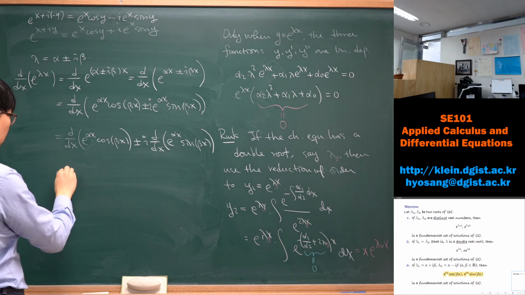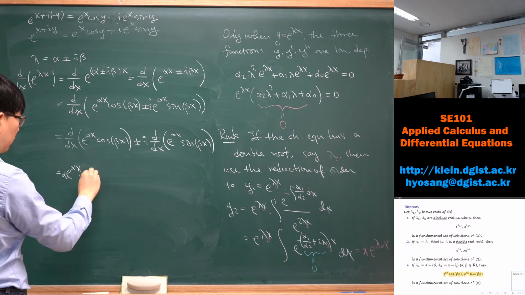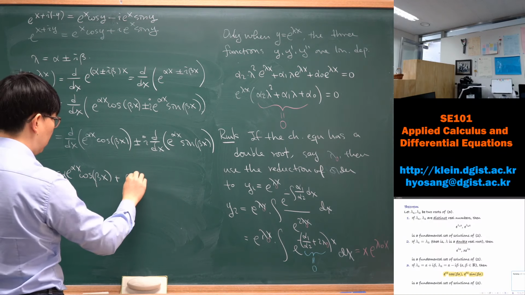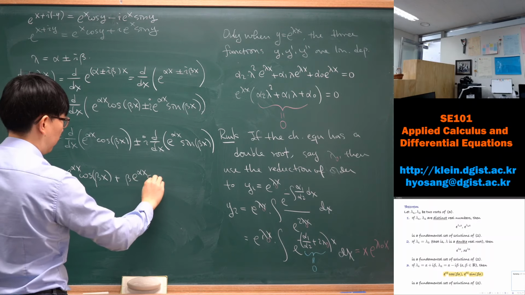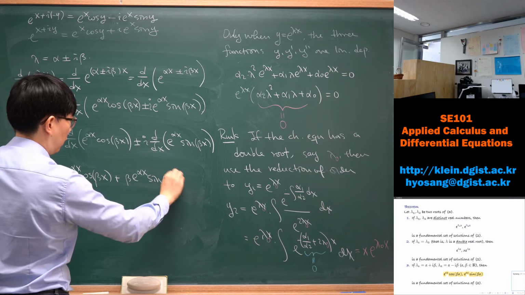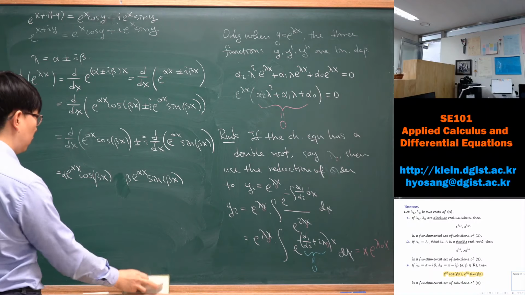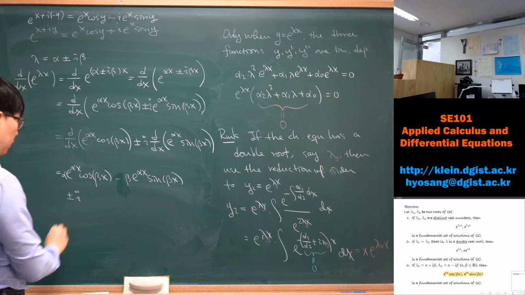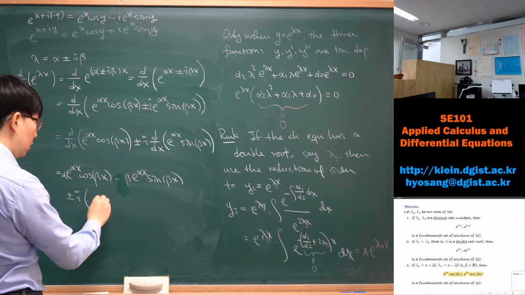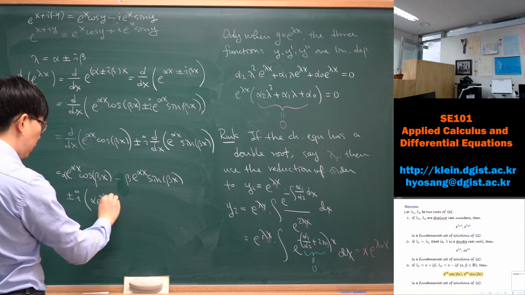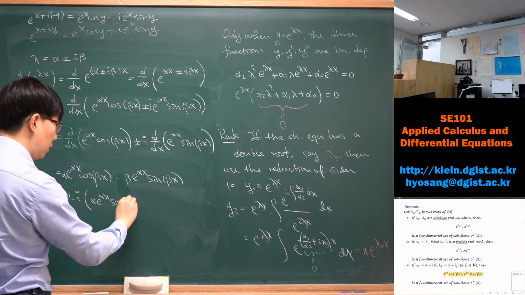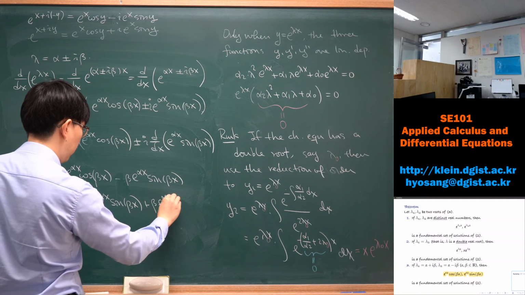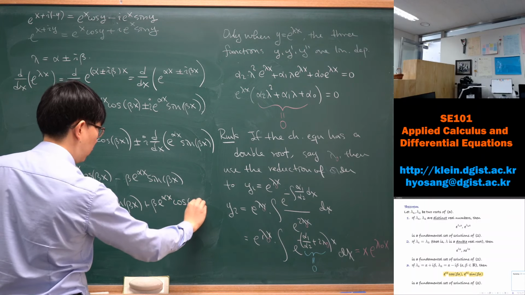So this guy is alpha e to the alpha x cosine beta x plus beta e to the alpha x sine beta x, and sine becomes negative. And then plus minus I of alpha e to the alpha x sine beta x, and plus beta e to the alpha x cosine beta x.